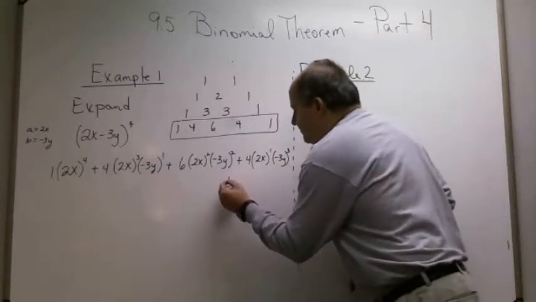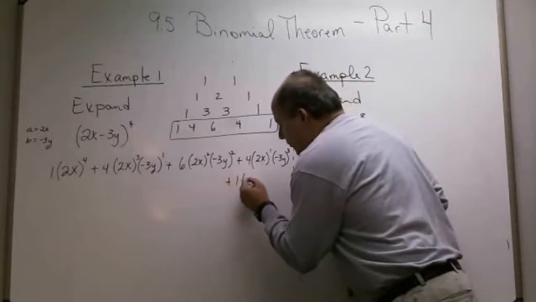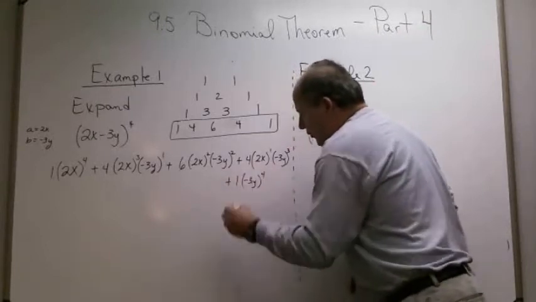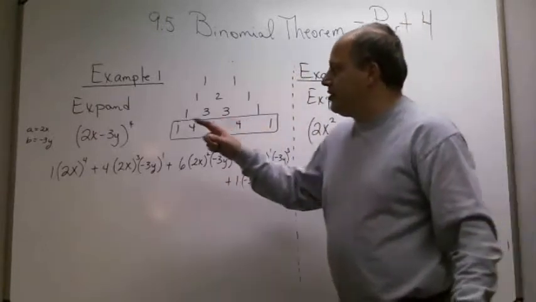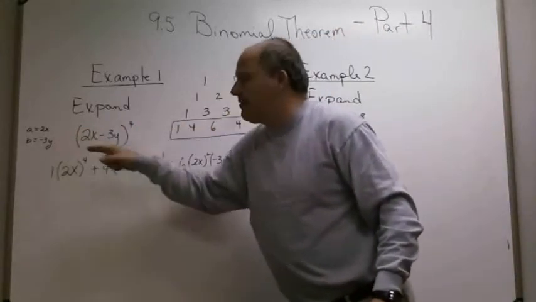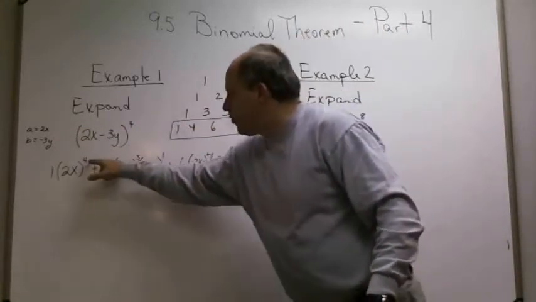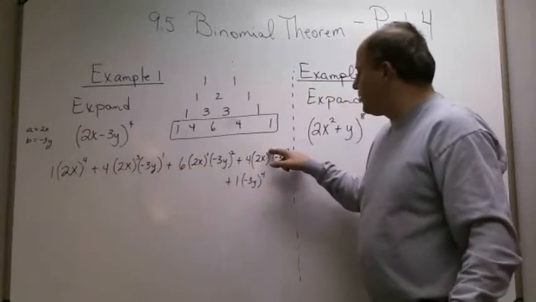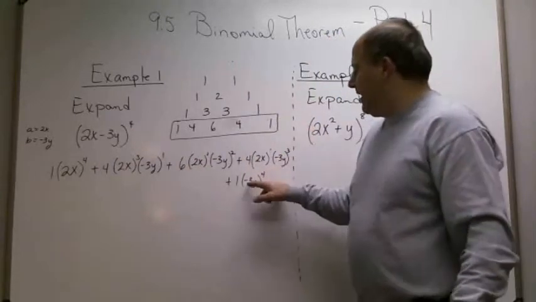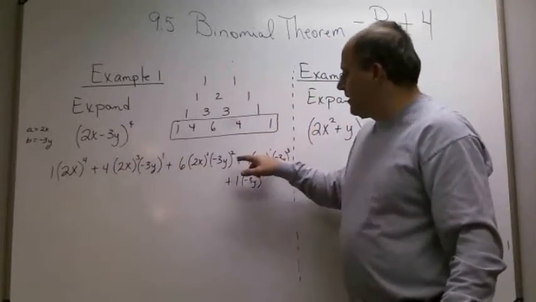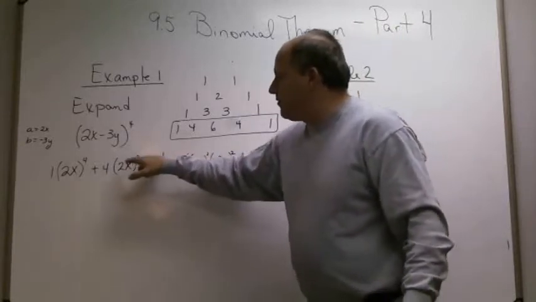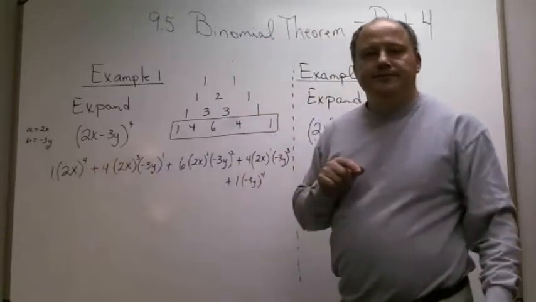And then plus 1 times (−3y)^4. So if you notice, the 2x, remember, is the a, and the b is the negative 3y. So it's (2x)^4, (2x)^3, (2x)^2, (2x)^1, no 2x. (−3y)^4, (−3y)^3, (−3y)^2, (−3y)^1, and no negative 3y at all.